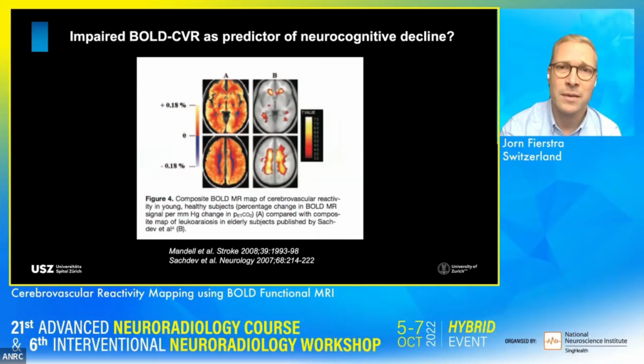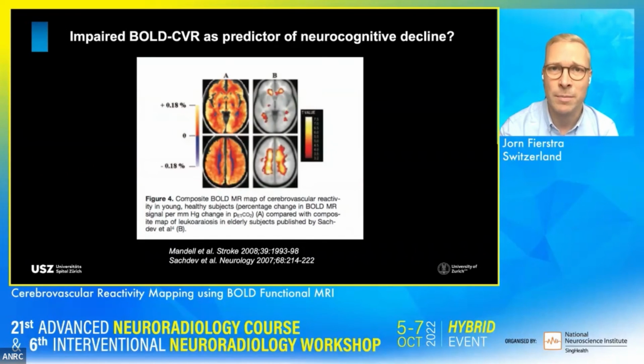What we saw in the 30 subjects that we accumulated the maps of is that the reactivity would be normal everywhere, as expected. However, in the deep white matter, you already saw impaired cerebrovascular reactivity. And these are completely normal, healthy people, but the impaired reactivity in the deep white matter is already present. This was a very surprising finding at the time, obviously.